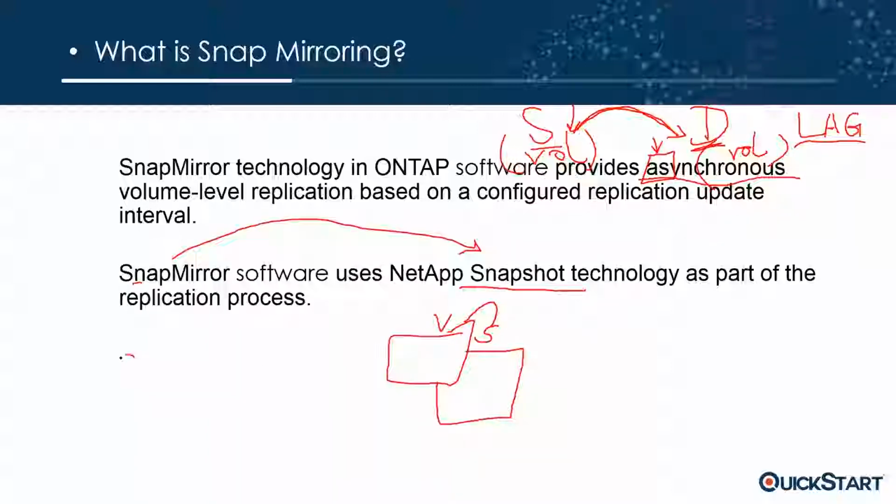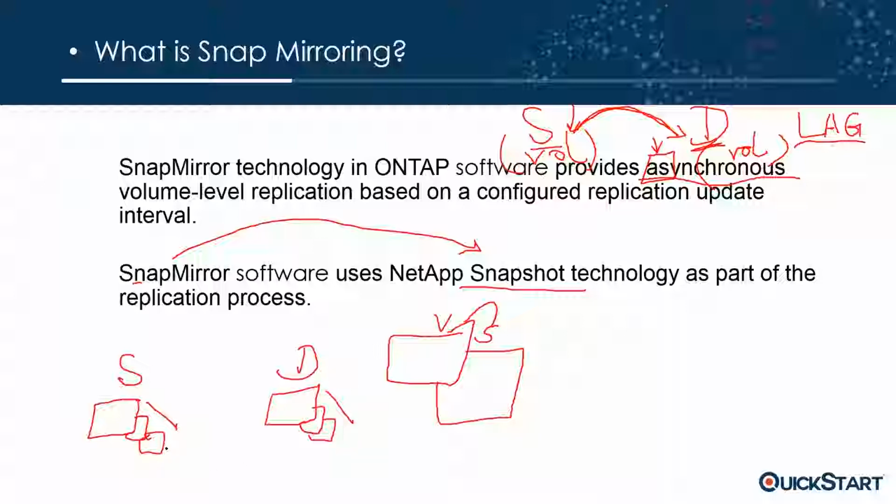So basically what's going on is, in our picture, if this is my source volume, which has, let's say, snapshots already created, when you create a mirror relationship, the entire volume is copied, and remember, snapshots are always tied to the volume. They're not separate. So when you initialize a mirror relationship, or do a baseline transfer, everything from here is dumped here and they're both identical.